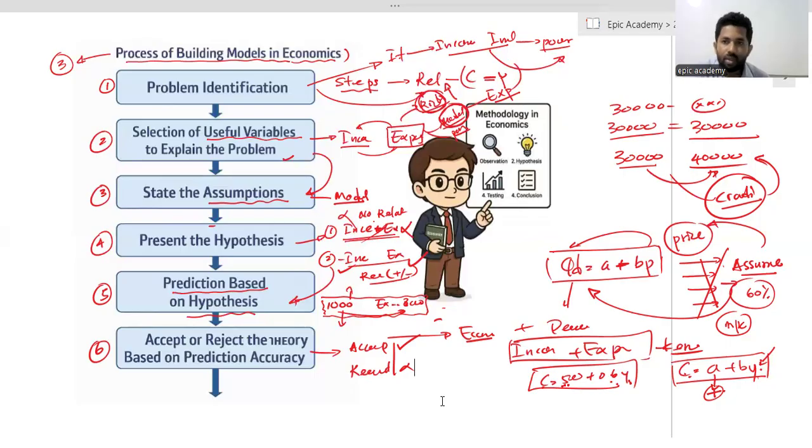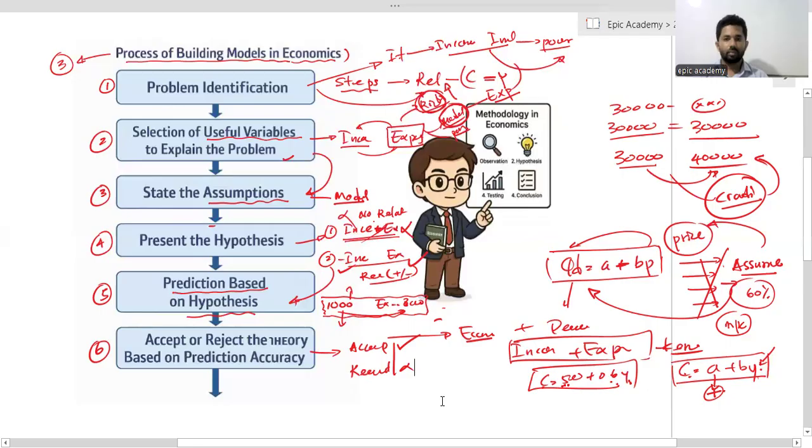That is why we need to create a model. It helps to accept or reject.